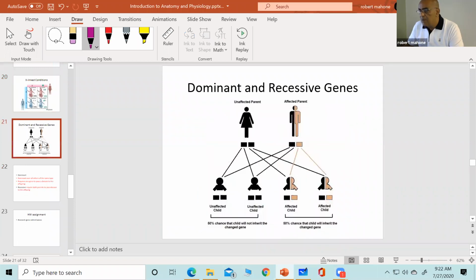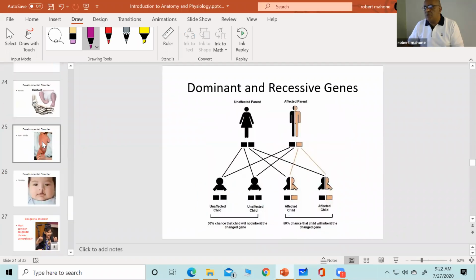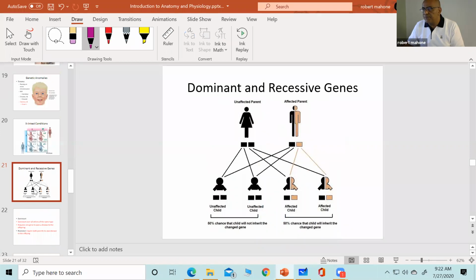All right. Now, the next thing we want to talk about with these genes is that some genes, and I alluded to this earlier, are such that if you have a brown eye gene, your eyes will be brown, regardless of what the other gene is for. So, for example, if your mom gives you a green eye gene and your dad gives you a brown eye gene, your eyes will be brown.